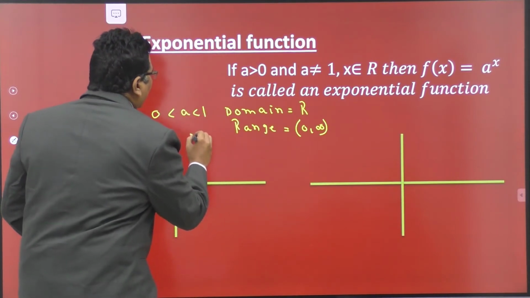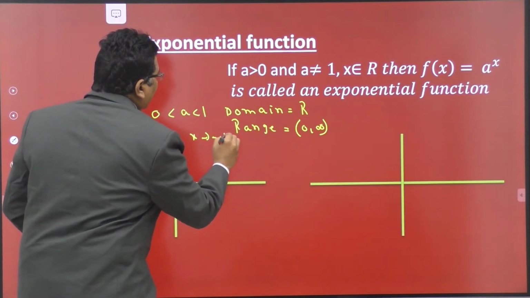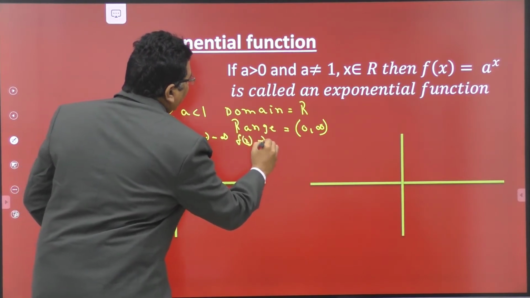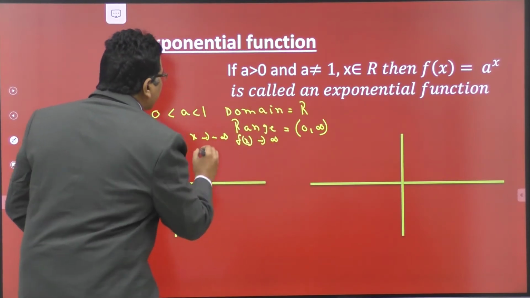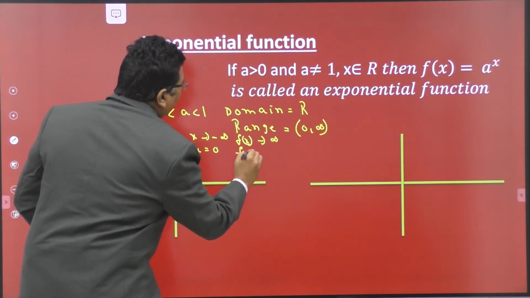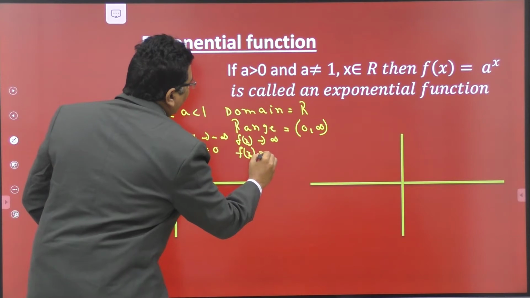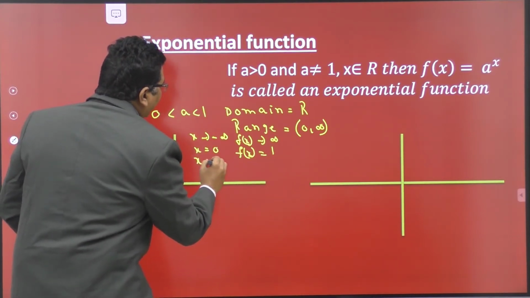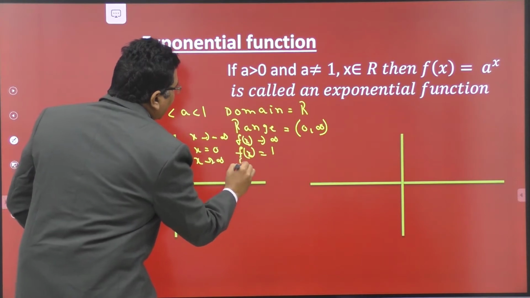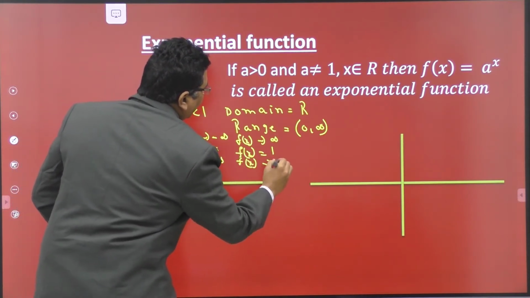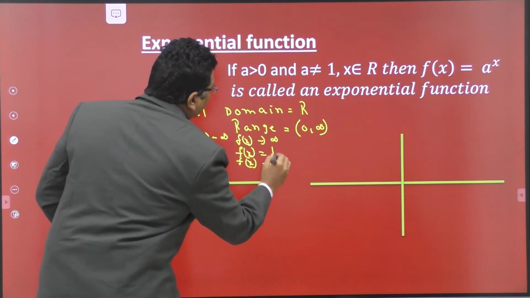At x equal to 0, f of x is equal to 1. As x tends to infinity, f of x tends to 0. Those are the values.